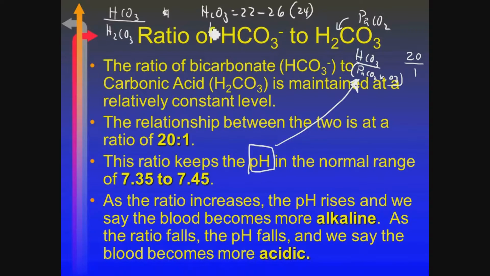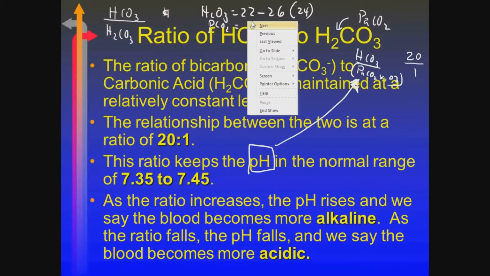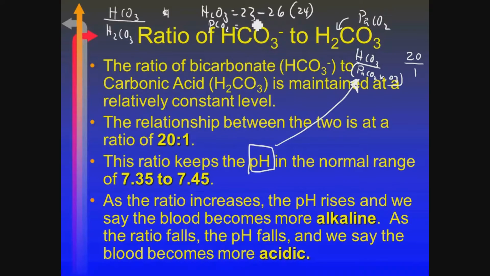Normal PCO2? 35 to 45, midpoint of 40. 40 times 0.03, 1.2. 24 divided by 1.2, 20. It's a 20 to 1 ratio. At a normalized pH within the range of 7.35 to 7.45, there's a 20 to 1 ratio between those two.